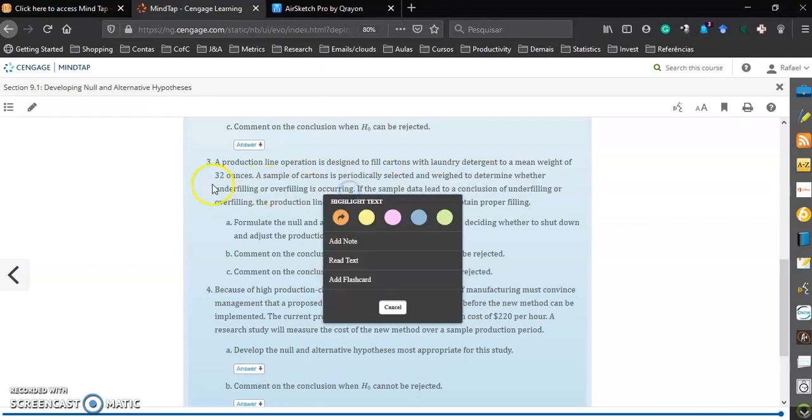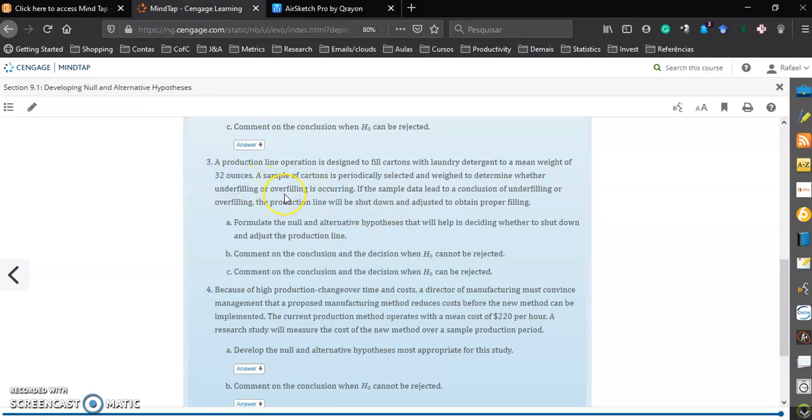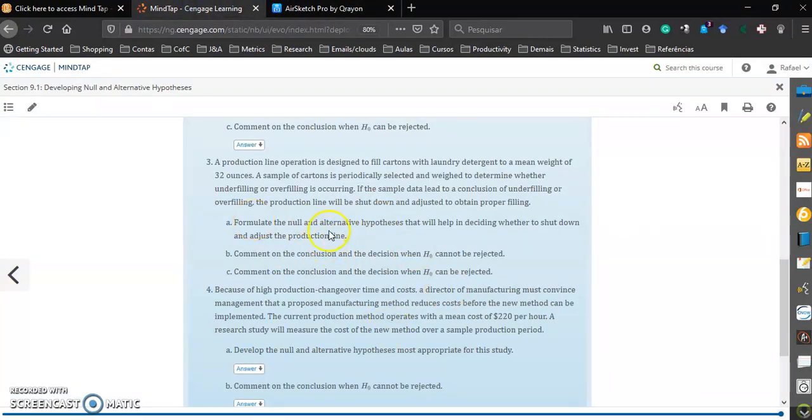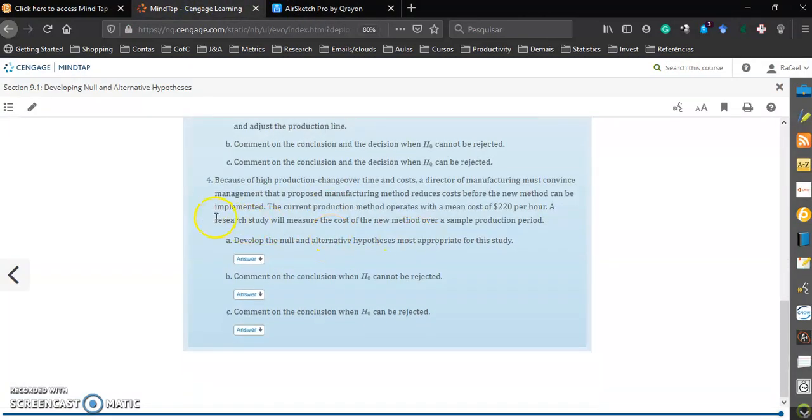So if it is different than 32 ounces, it does not say only underfilling or only overfilling. So in this case, the null hypothesis is that the mean is equal to 32. The alternative is that the mean is different than 32. Okay? We don't have the solution here, but that's the solution.